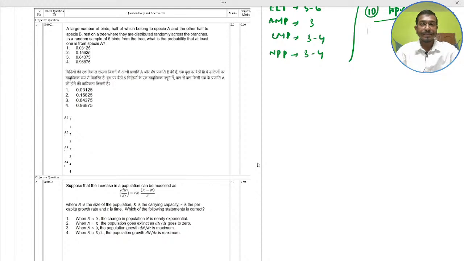It says that a large number of birds, half of which belong to species A and the other half to species B, rest on a tree where they are distributed randomly across the branches. In a random sample of 5 birds from the tree, what is the probability that at least one is from species A?